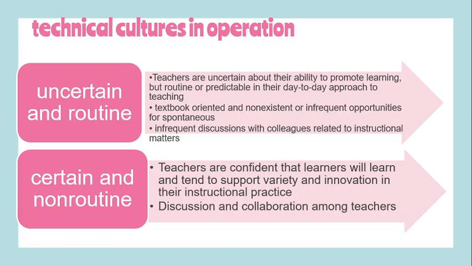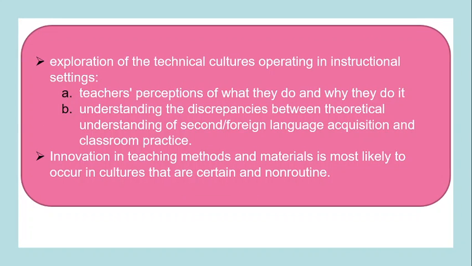In certain and non-routine technical culture, the teachers are confident that learners will learn and tend to support variety and innovation in their instructional practice. Discussion and collaboration among the teachers also happen frequently in this kind of technical culture.